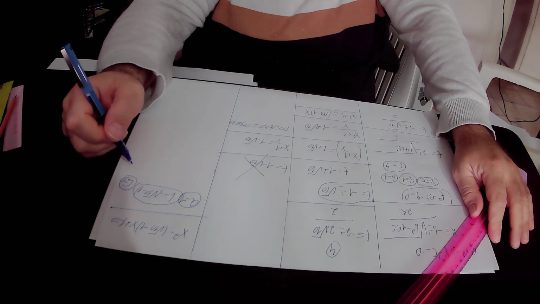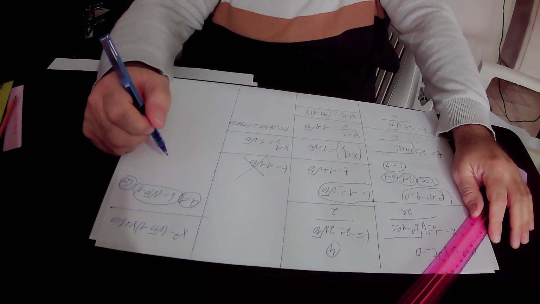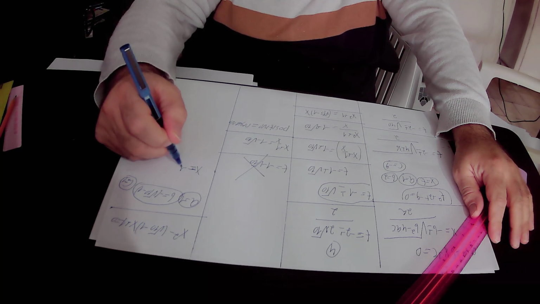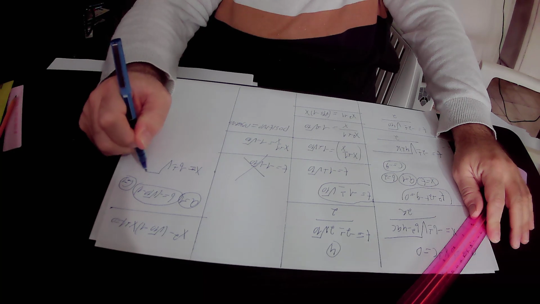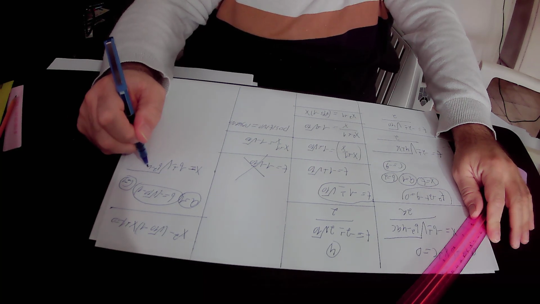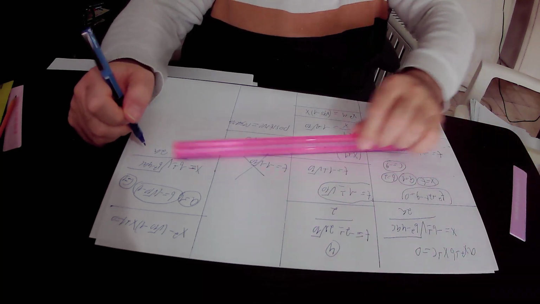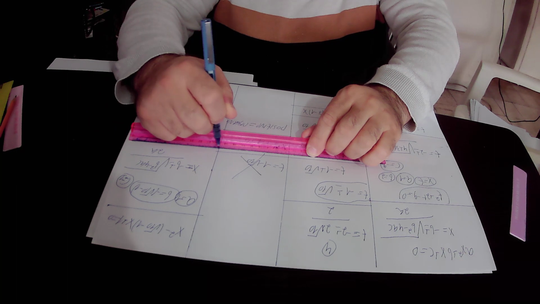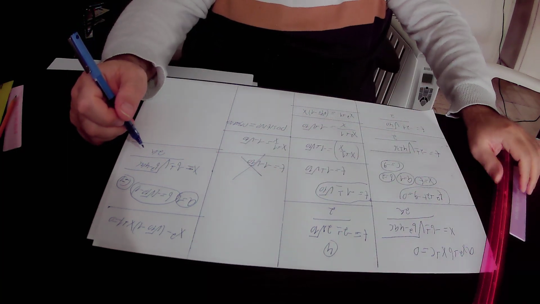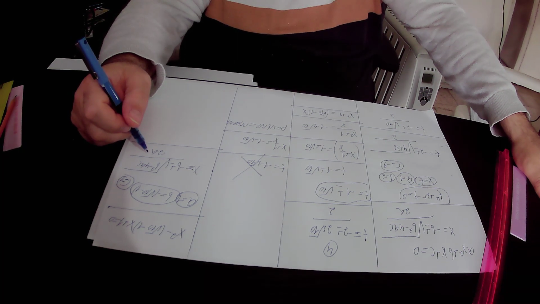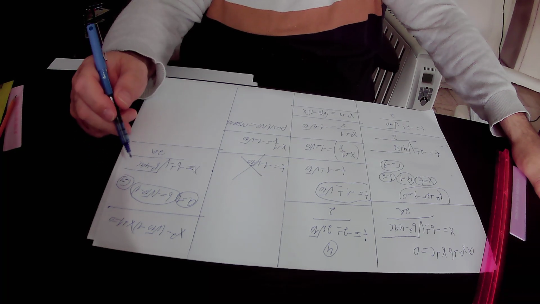And the general solution for x is x equals minus b plus minus square root of b squared minus 4 times a times c, over 2a. Okay? So here we'll put the data inside the formula for x, and we'll find the values of x of this quadratic equation.